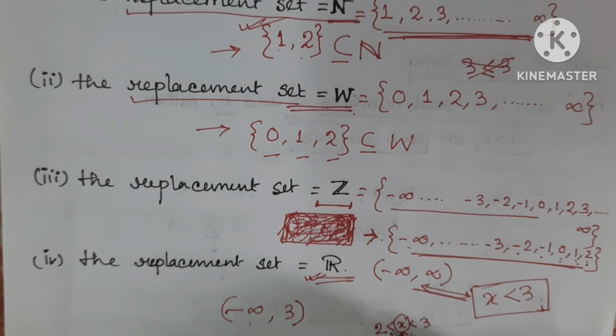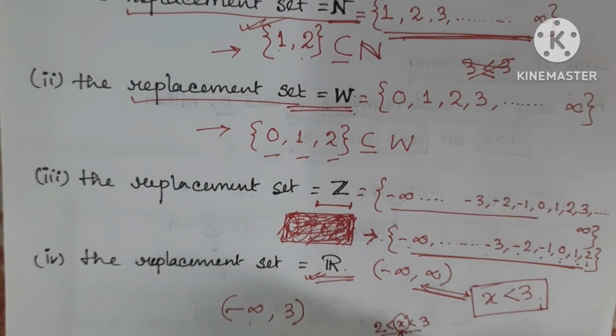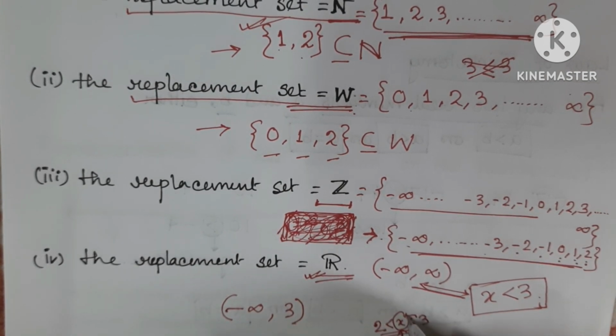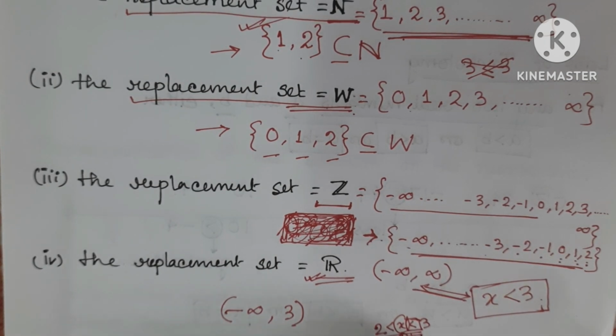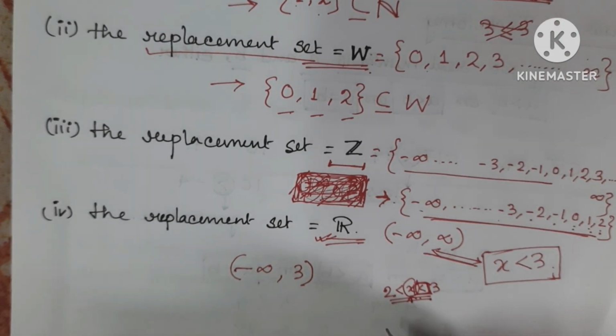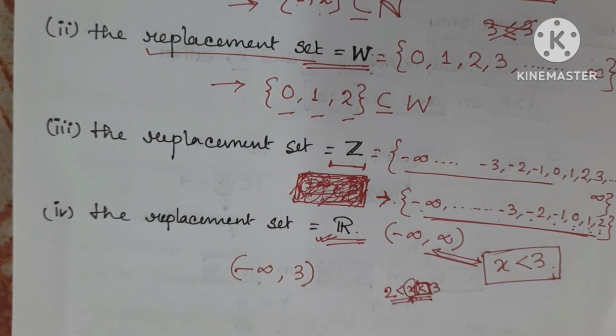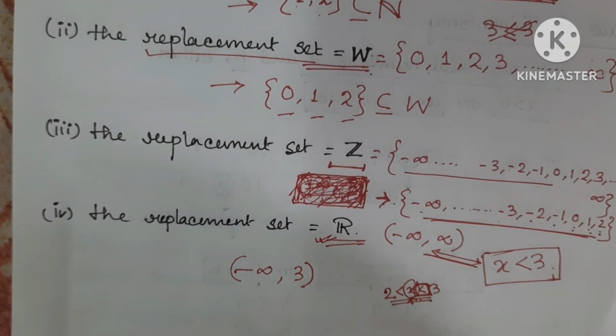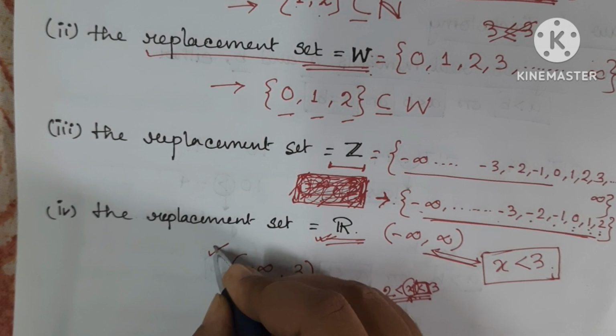Because there are infinitely many rational and irrational numbers in between these two terms. If you take strictly less than 3, then also there are infinitely many rational and irrational numbers whose value are not equal to 3, but they are less than 3. So this will be the solution set here.